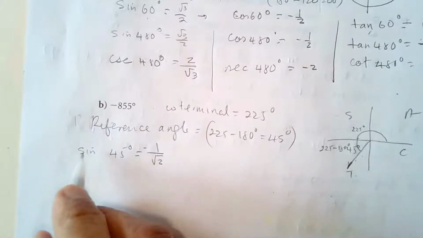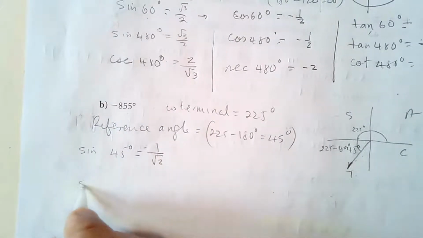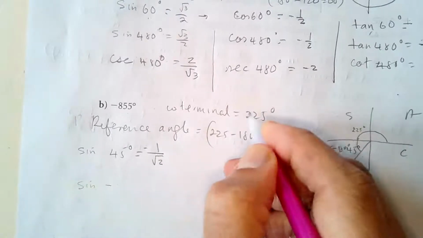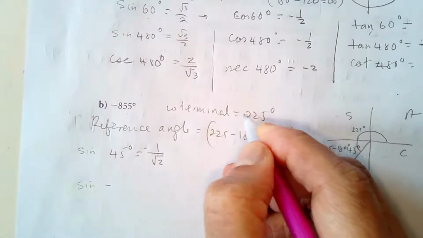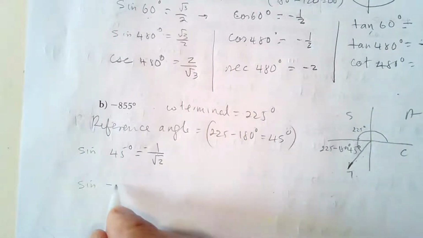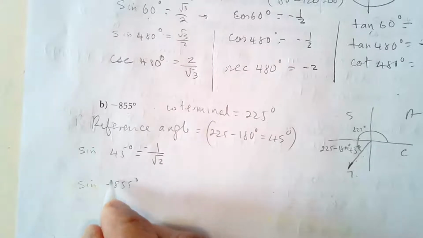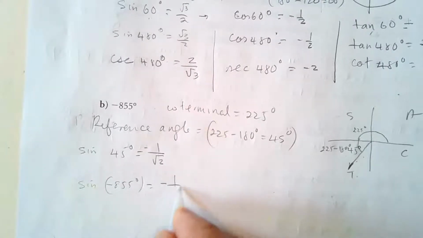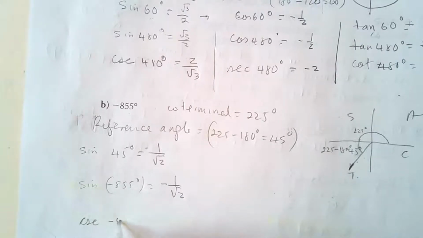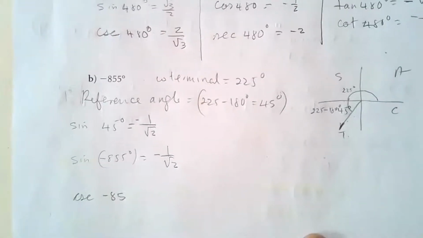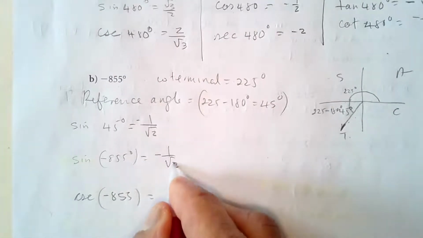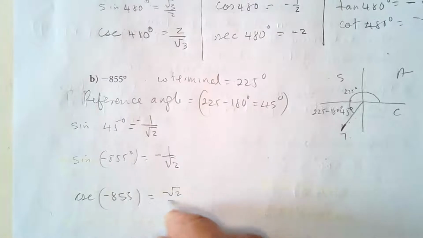Okay. So sine of the terminal arm would be negative. So sine negative 855 is equal to negative 1 over root 2, and cosecant negative 855 is equal to the reciprocal, negative root 2 over 1.